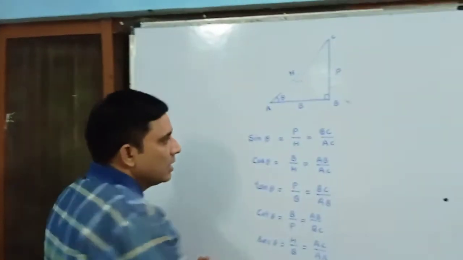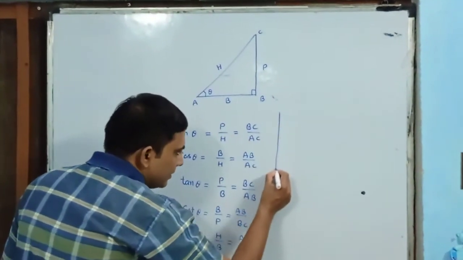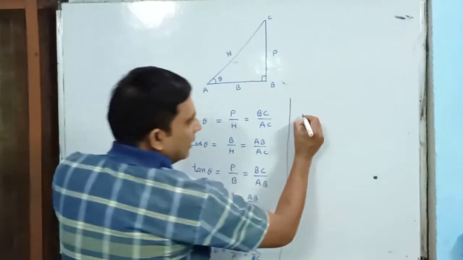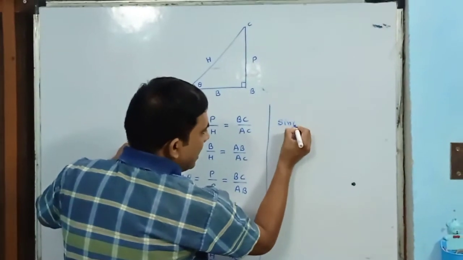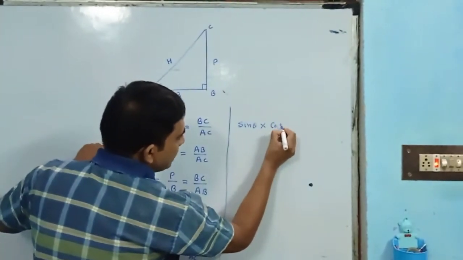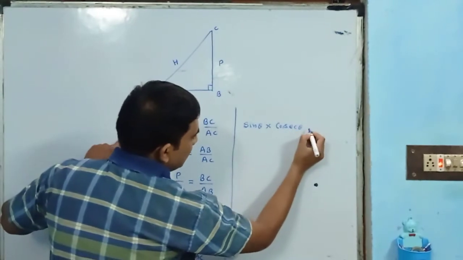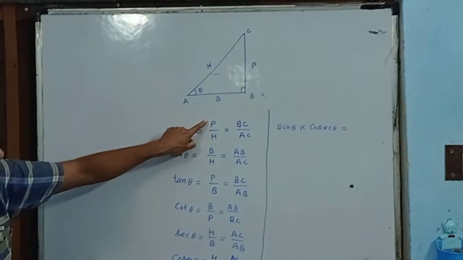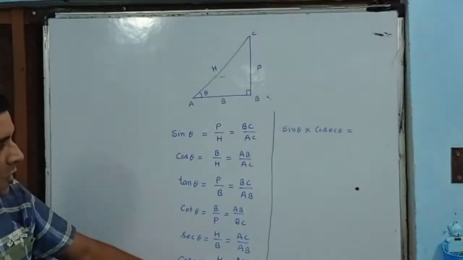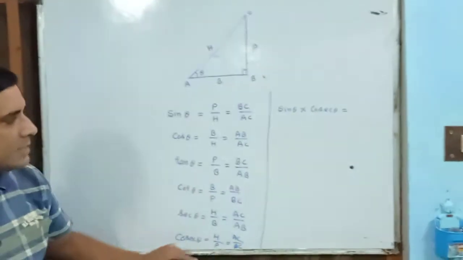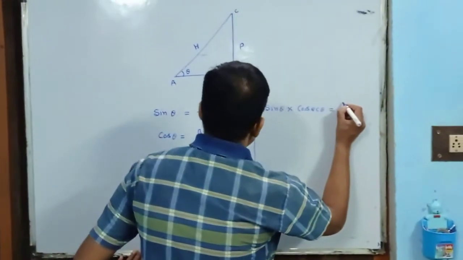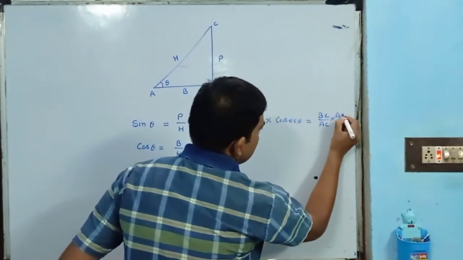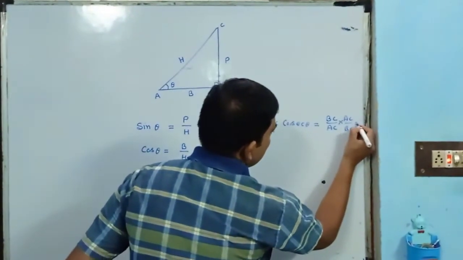Now we will see how they are related. It is very easy. If you see sine theta into cosec theta, then it is equal to P by H into H by P, or you can take BC by AC and AC by BC. Suppose I write BC by AC into AC by BC, then it is equal to 1.